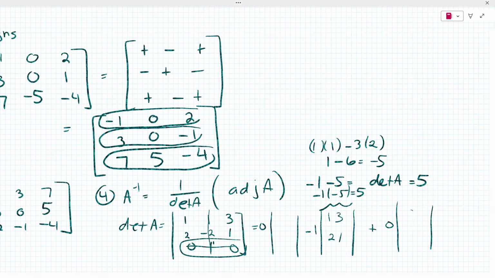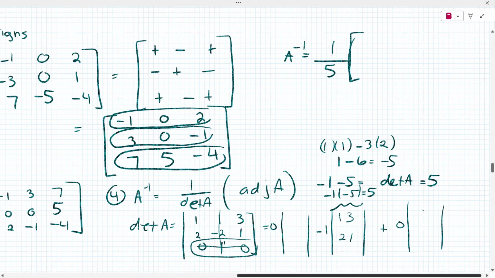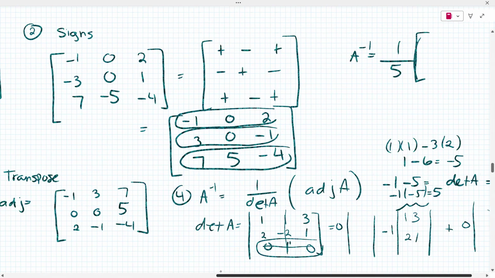So to find the inverse, we put it up here. Basically, 1 over determinant of A, which we said was positive 5, times the adjugate of A. So the adjugate of A was right here. That matrix, 1, negative 1, 0, 2. This one here.